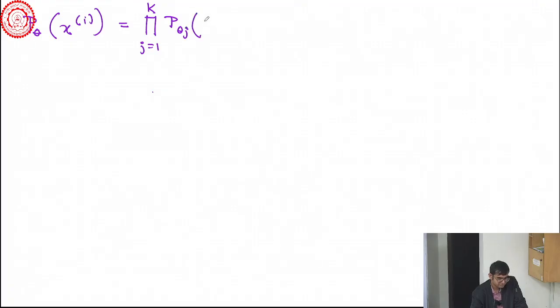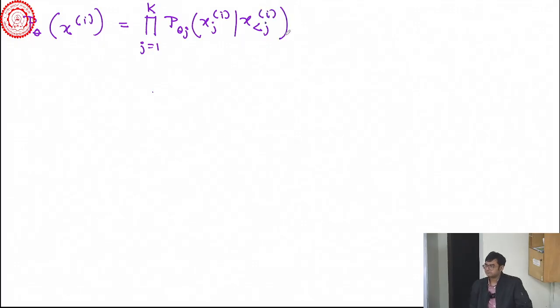Then x. I will now start decomposing it. So the product I have already written: x j i given x less than j i. Is this expression clear? What is p theta of xi, the left hand side?